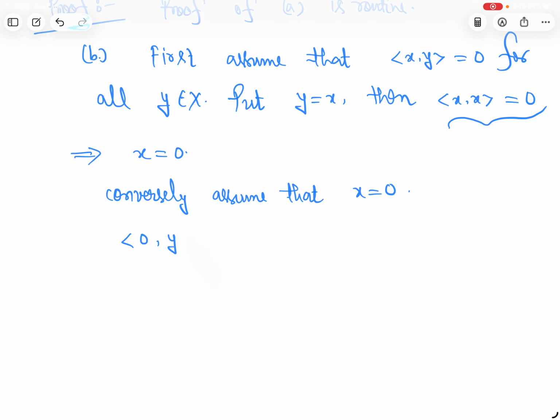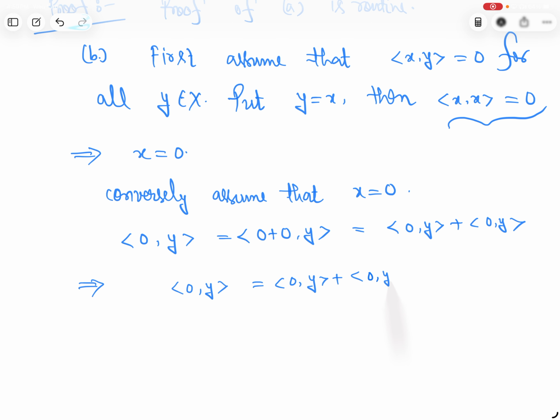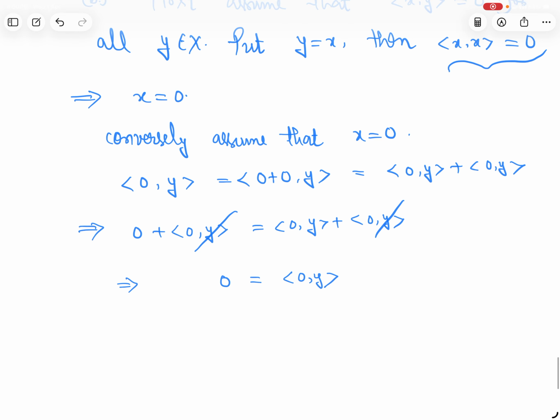I can write 0 as 0 plus 0. So by linearity in the first variable, I have the inner product of 0 and y equal to the inner product of 0 and y plus the inner product of 0 and y. So I can cancel, and 0 is equal to the inner product of 0 and y. So this holds for all y belonging to X. So this is the proof.